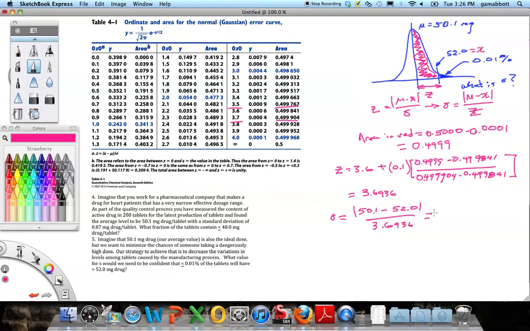Numerically, that gives us a value of 0.514, and these would have the same units as the average value, milligrams per tablet. So we would have to get our production process reproducible enough so that the standard deviation was as small as 0.51 milligrams per tablet.